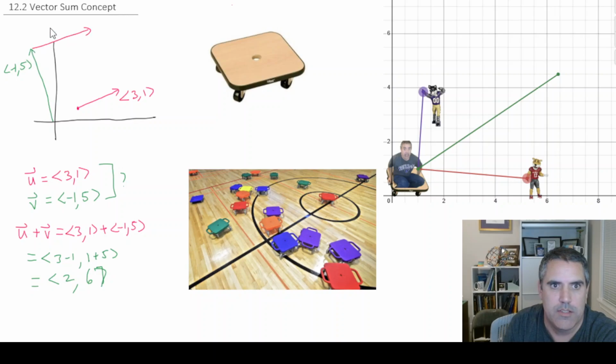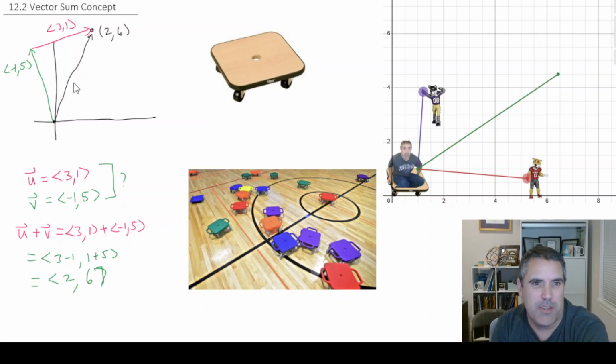So we're going to draw this little 3, 1. And the point you're at here, if you drew it from the origin, is this point 2, 6. If you draw it as a vector from the origin, so meaning from the original tail to the final head, that's your sum vector.